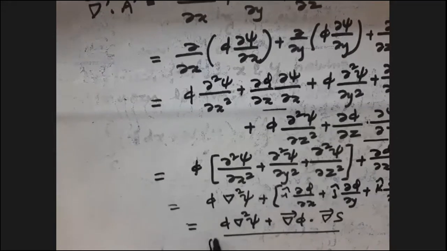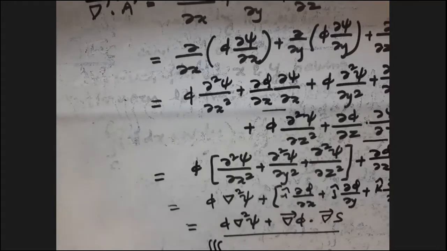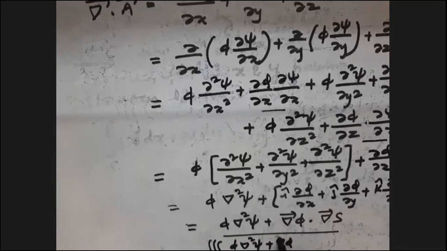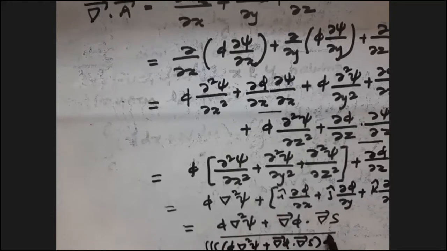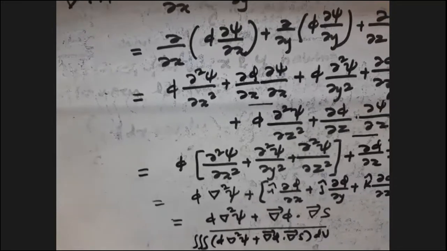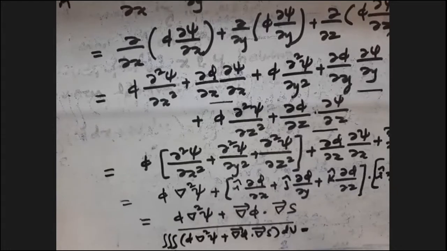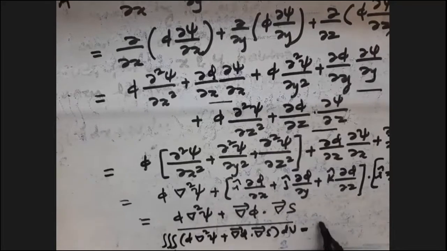The volume integral over V of phi del square psi plus del phi dot del psi dV is equal to, so right side, what is that?